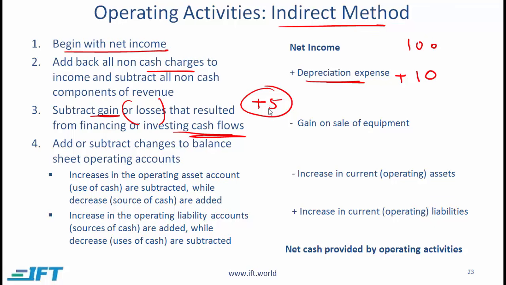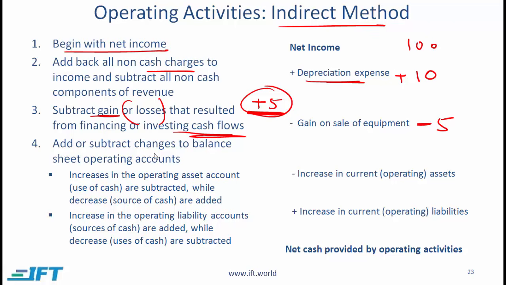Now the gain of 5 caused the net income to be higher, but that wasn't a real cash flow. That gain of 5 was not operating cash flow. So what we are then doing is subtracting that gain. If this had been a loss, then we would be adding.